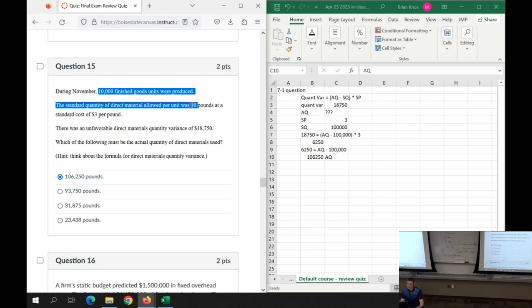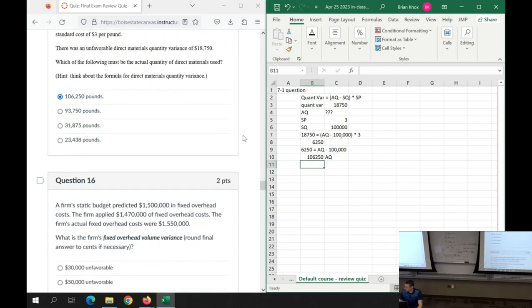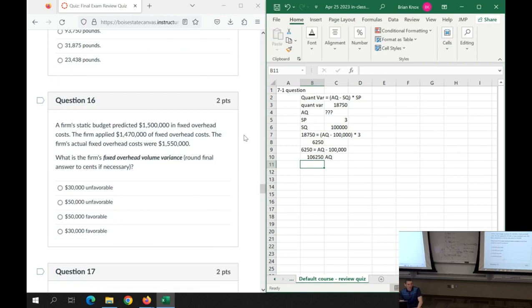Well, unfavorable means it has to be greater than 100,000. That rules out all but one of the answer choices. I don't know if they'll all work out that way, but this one would have, and even if it wouldn't have, it might have eliminated some of the answer choices and increased our odds. Okay, good point. People would have to check the film to see if I ever said something like that. We'll leave that as undecided, unverified.